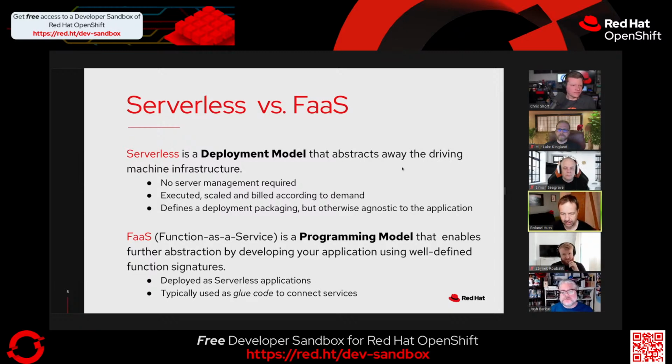There's a function signature that you need to fulfill, and then you just hand over the function itself without any other runtime. And in the context of Knative, it also adds the build aspect to the system. It's typically used for glue code kind of applications where you connect services together.